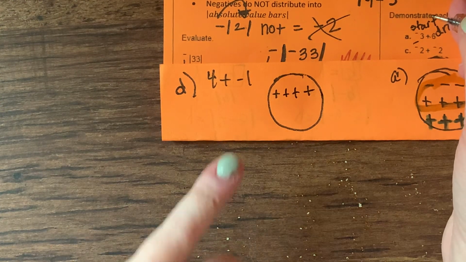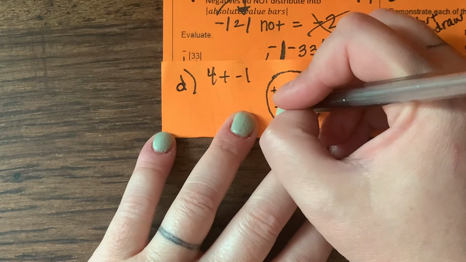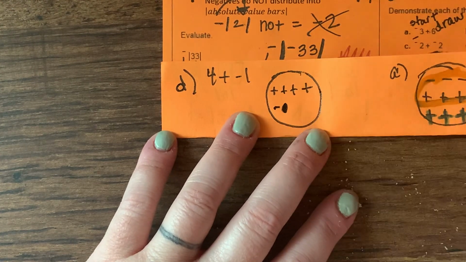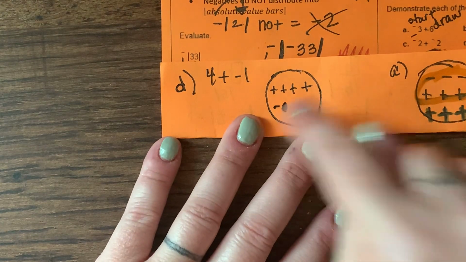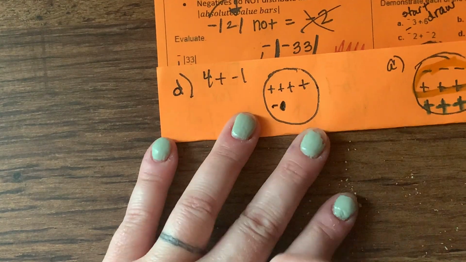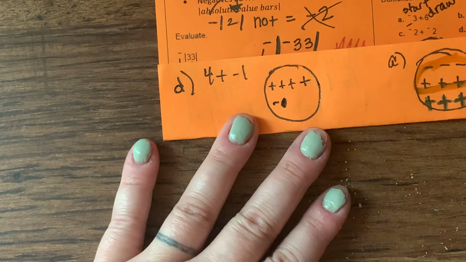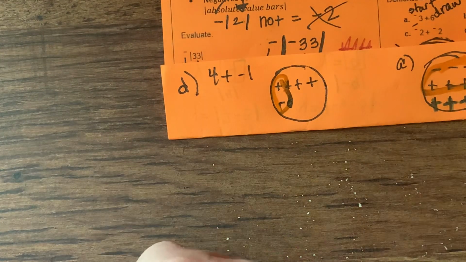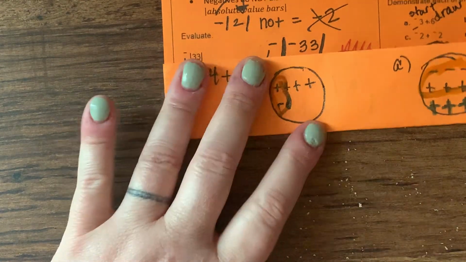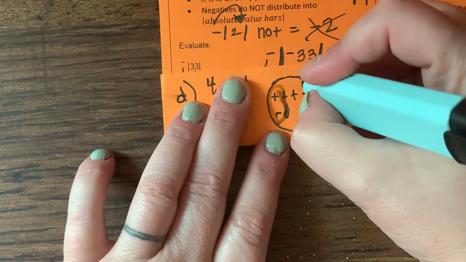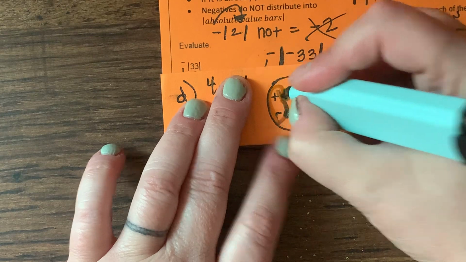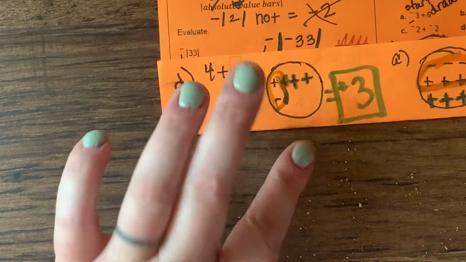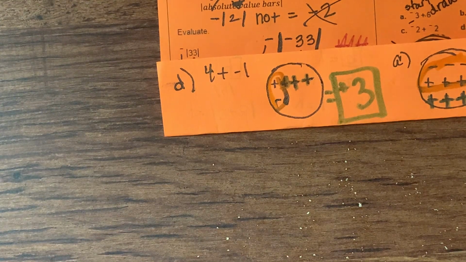Then we draw just 1 negative. Then we circle any pairs of matching negatives and positives. So it looks like we have 1 negative that can match up with that positive. Then you count what's left. And I have 1, 2, 3 positives left. So our answer is positive 3. Yay!